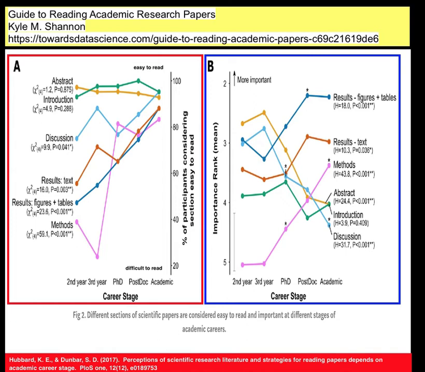Okay, this graphic is from the internet blog titled Guide to Reading Academic Papers by Kyle M. Shannon, and you can see the title and the author and the URL at the top of the screen in the yellow box.